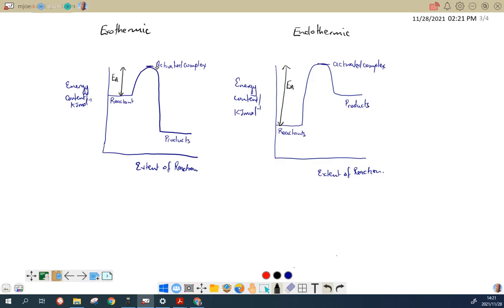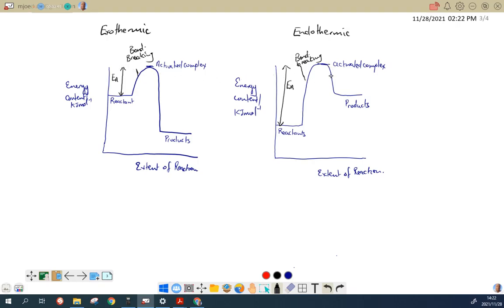The other thing you will realize is that there is the first stage of that activation energy, which is the bond breaking stage. Here bonds are being broken. Which bonds? The bonds of the reacting substances are going to be broken so that they can be available to form new bonds. So this process is bond breaking, and it is an endothermic process.